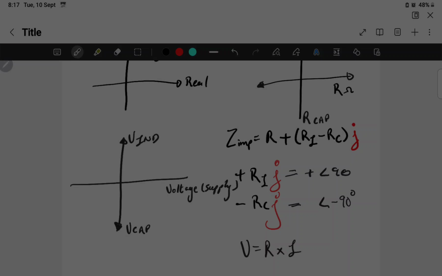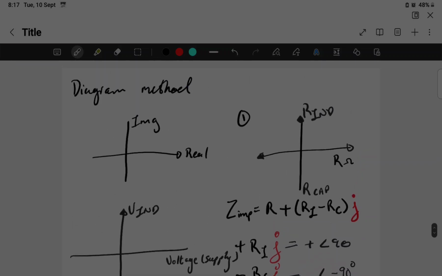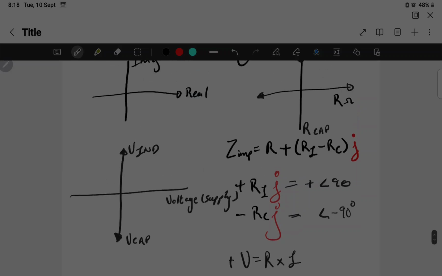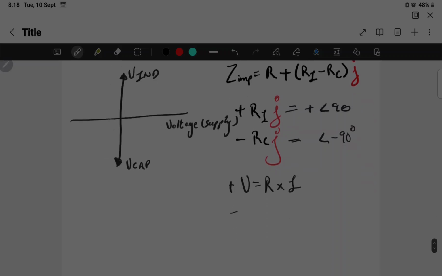Reason being is that when you multiply I and R, you should get a positive answer or a negative answer, right? Okay, let me explain to you.